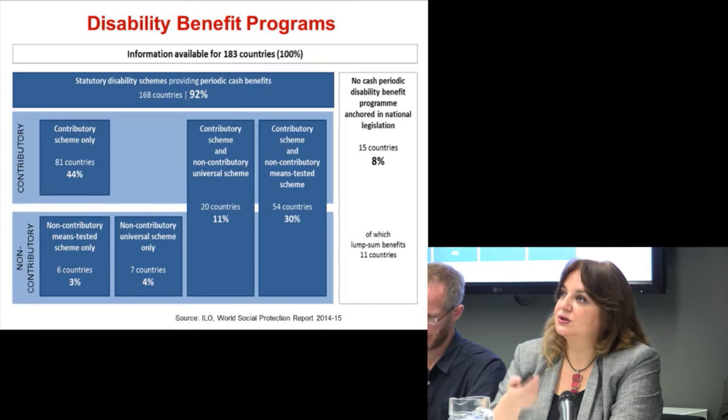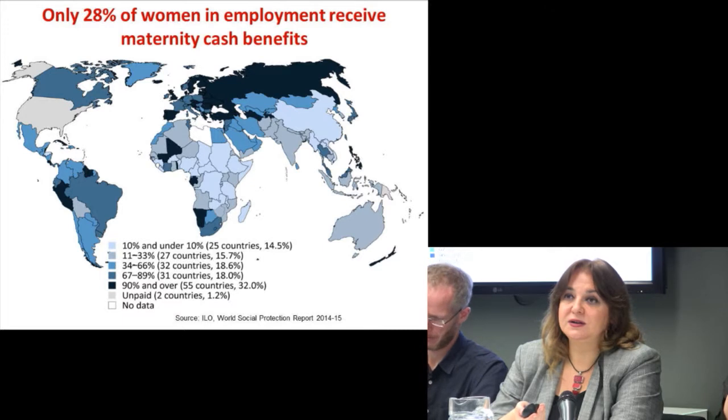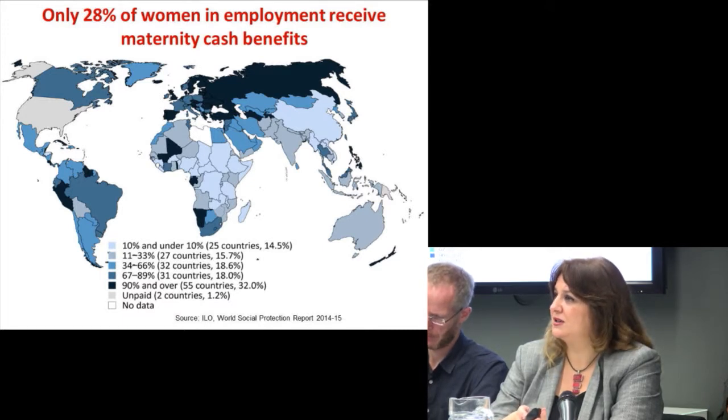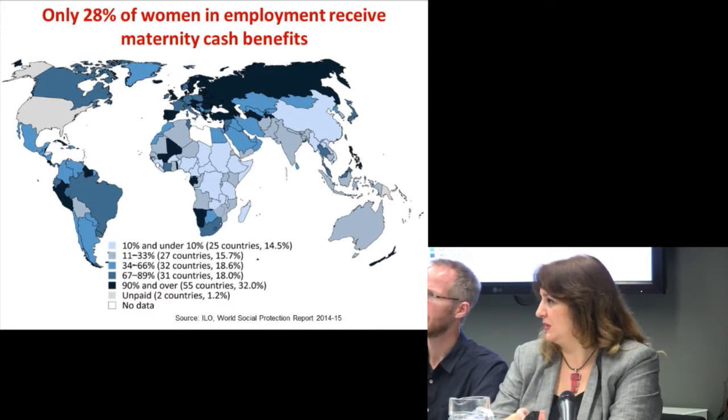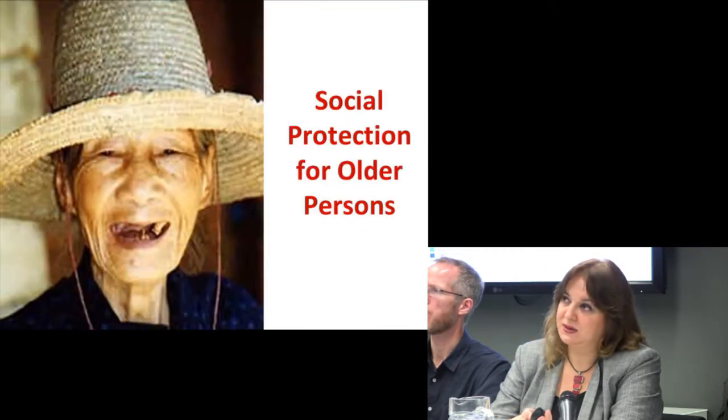I'm going to pass those because this is again how disability benefits are structured. Maternity benefits, we get that only 28% of women in employment do receive maternity cash transfers or some type of benefit. And here, the developmental impact of that is so positive. I don't need to tell you that there are all the arguments to keep expanding that type of scheme.